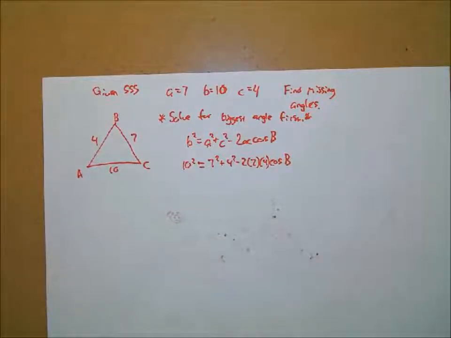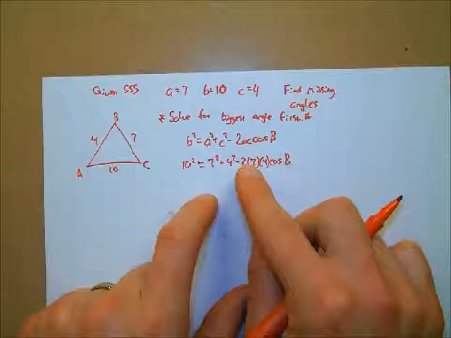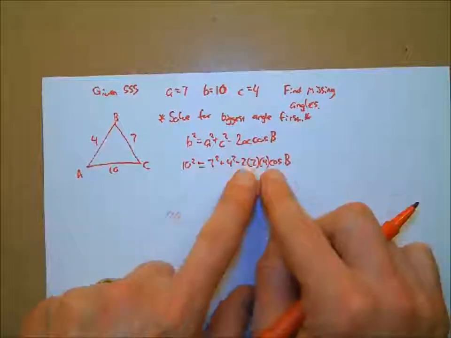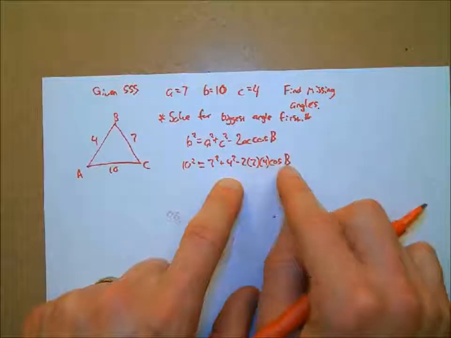Students tend to put all these numbers together. You can't do that, because it's 2 times 7 times 4 times cosine. You can put the 7 squared and the 4 squared together. You can put the 2, 7, and 4 together because they're all being multiplied, but don't put them all together, because it's just cosine times the 2, 7, and 4.